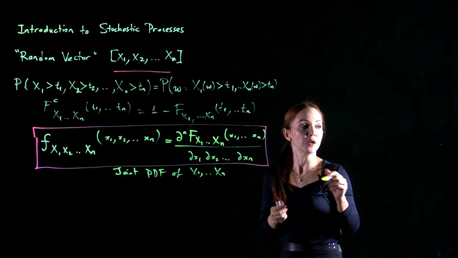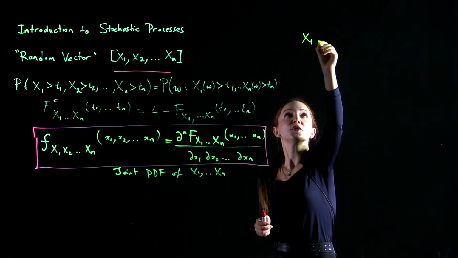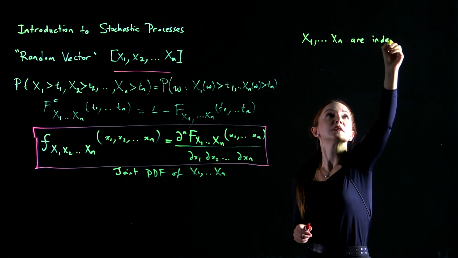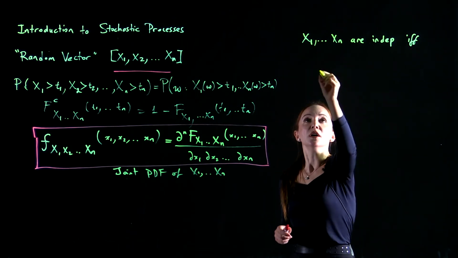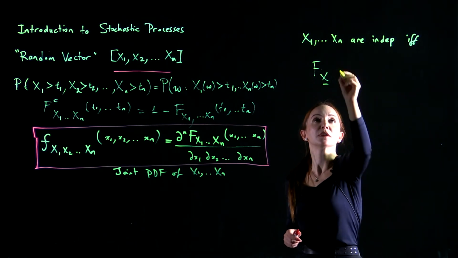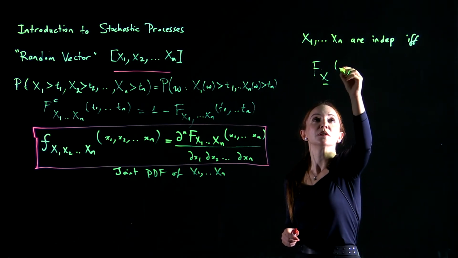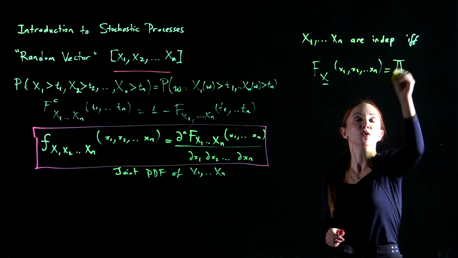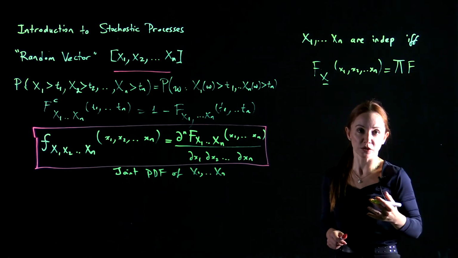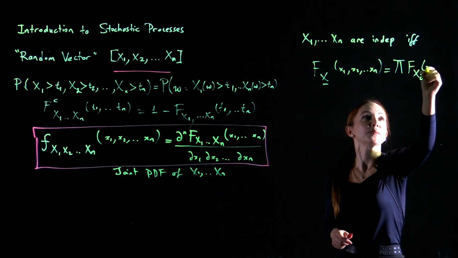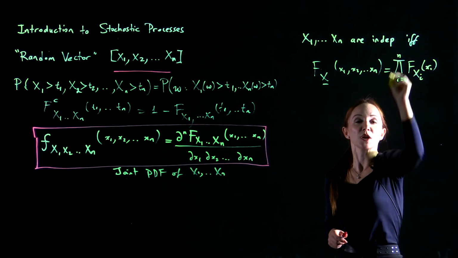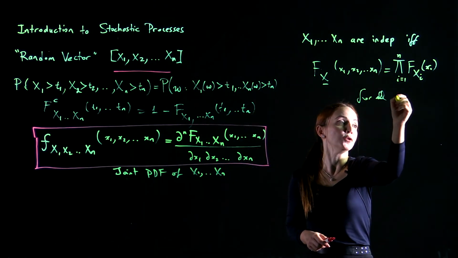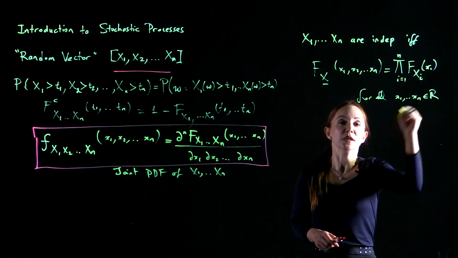Okay, so x1 through xn are independent if and only if the cumulative distribution function, and I use vector notation here, factorizes into the product of individual or marginal CDFs of the individual random variables for all values x1 through xn in the real numbers.